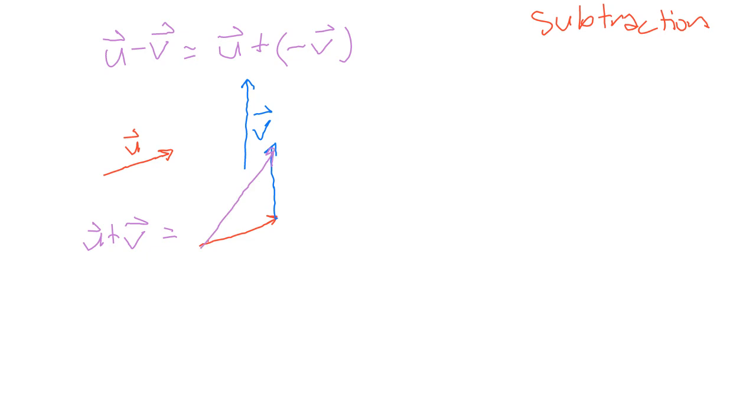But now let's think about u minus v. Like we said, that's really u plus negative v. So we draw u the same, but we draw v almost exactly the same, just in the opposite direction. Therefore, our resultant vector is actually this.